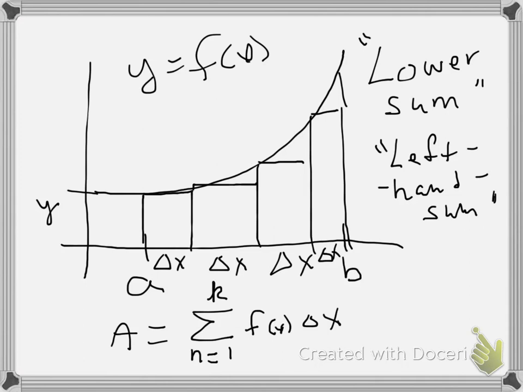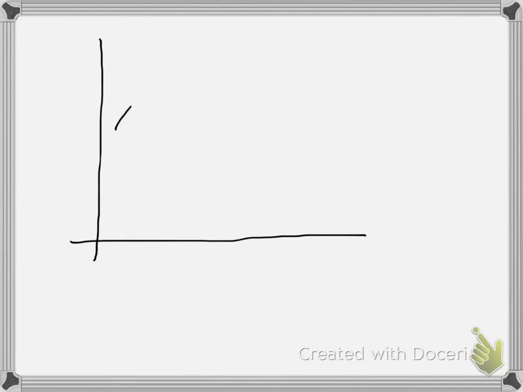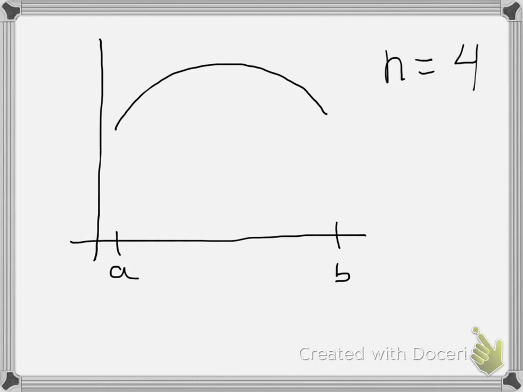Let's take a look at another one. Let's take a look at a graph that looks kind of like this. Here's A, here's B. Now what they might do is say that something like n equals 4. In other words, we're going to have 4 equally spaced rectangles.